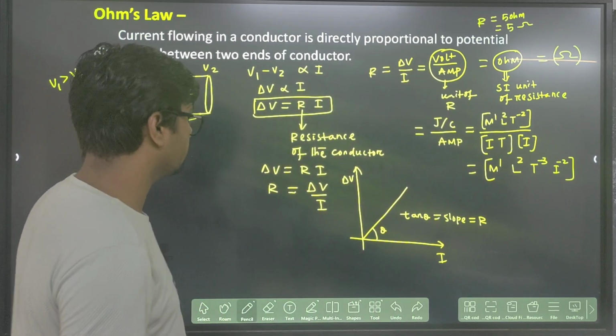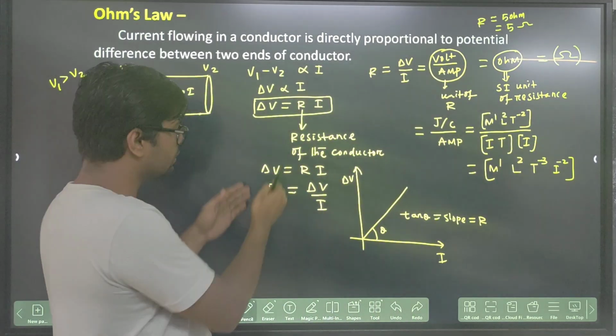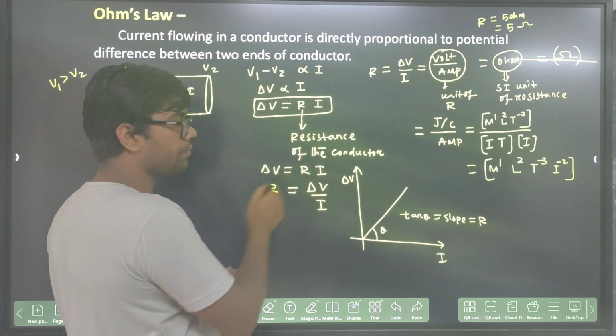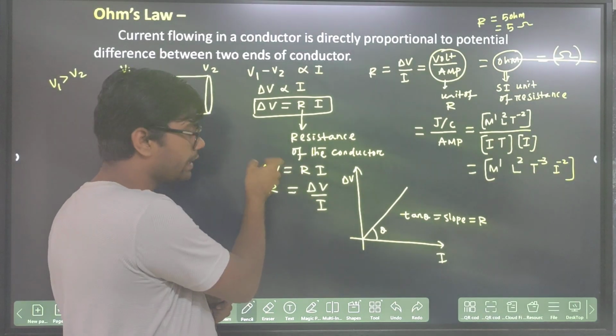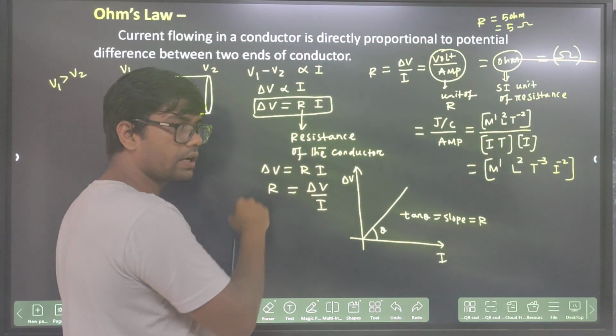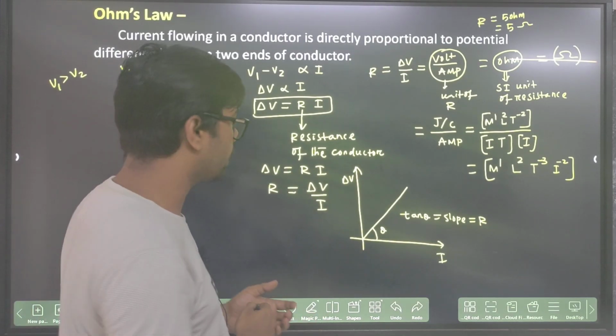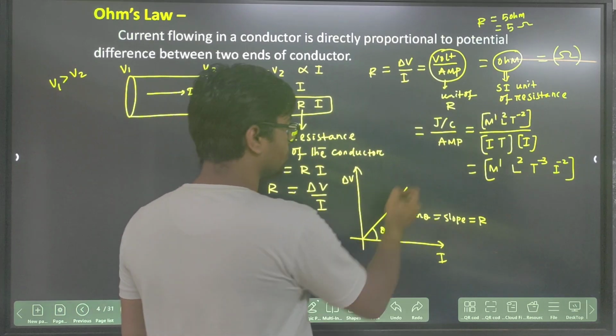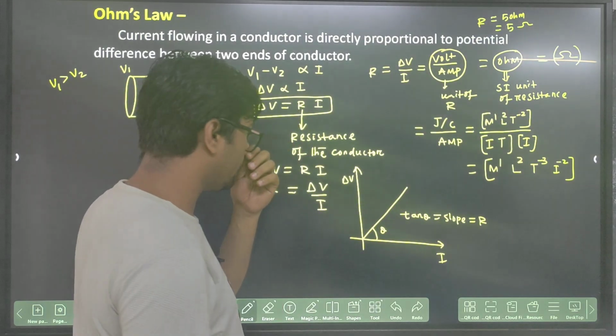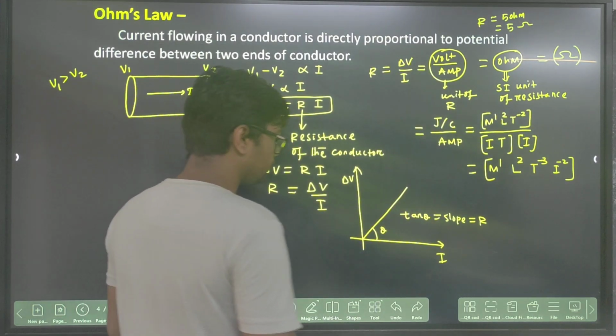This is like the equation y equal to mx: y is delta V, x is current, and m is R, the slope. It will pass through the origin.